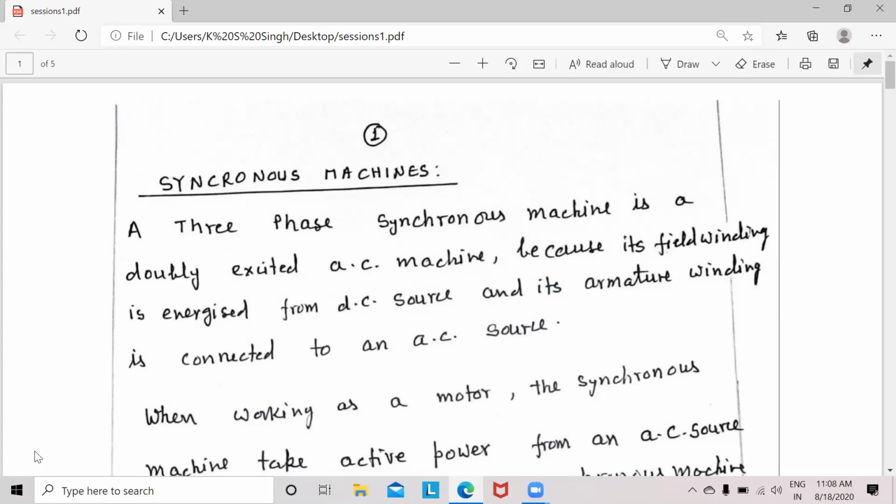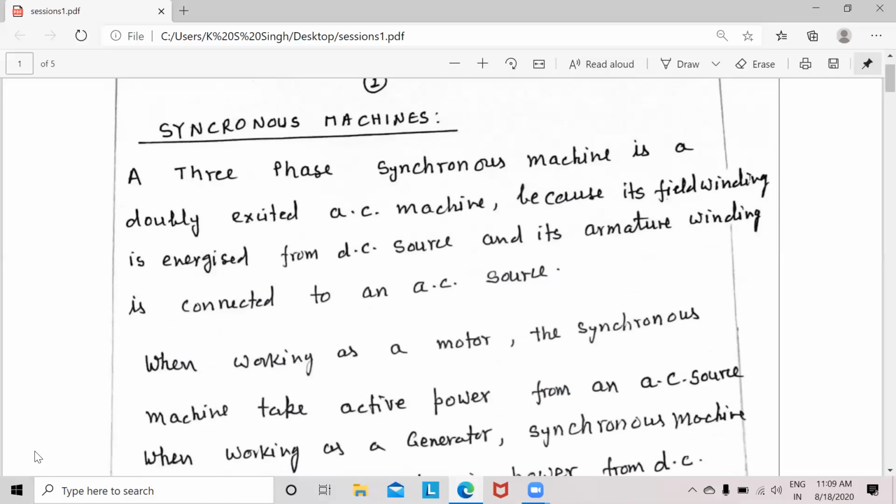It means a 3-phase synchronous machine is a doubly excited AC machine because its field winding is energized from a DC source and its armature winding is connected to an AC source.